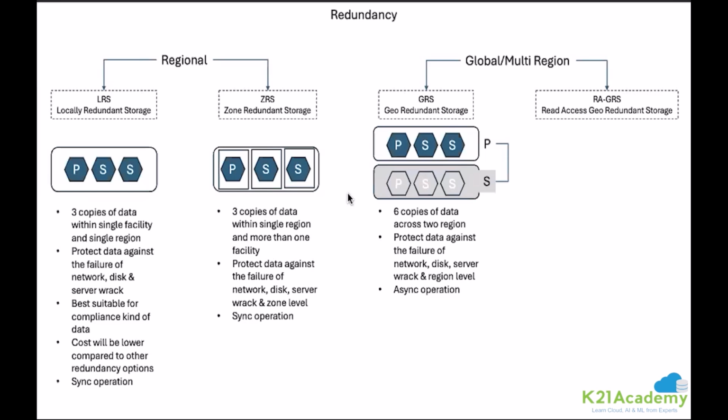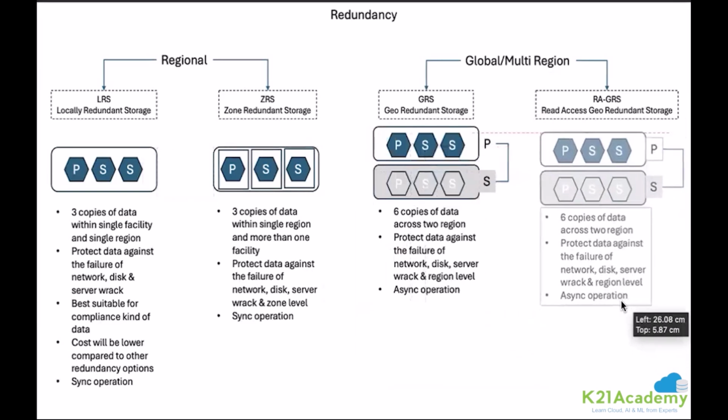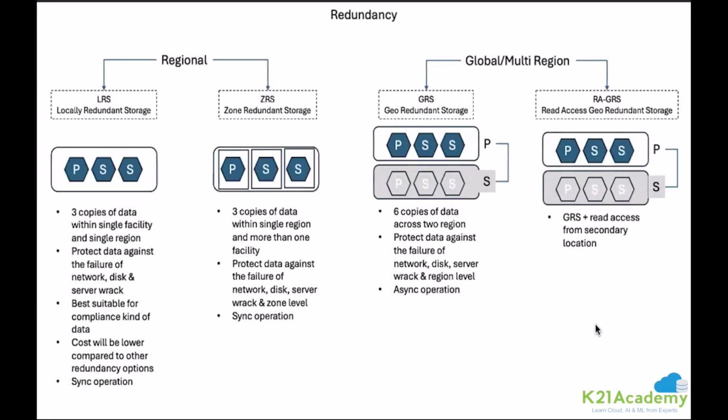In that case, the GRS option may not be feasible, so you may think about RA-GRS. It has all the features of GRS plus read access from the secondary location. It will also offer you a separate endpoint.